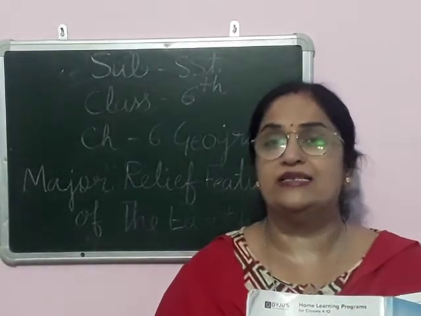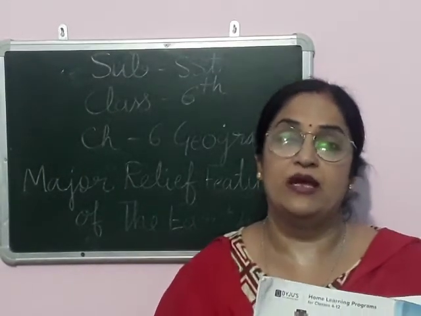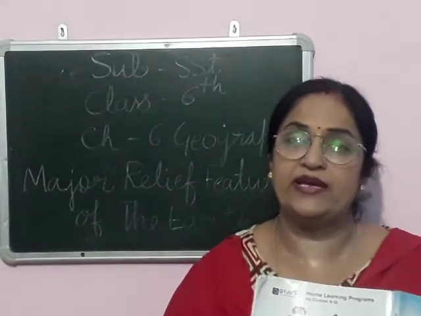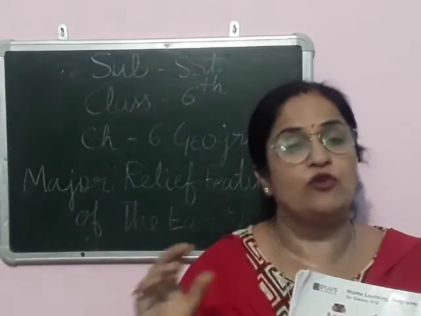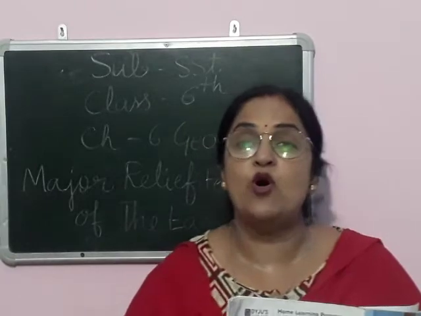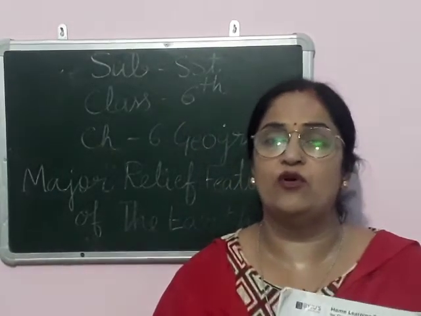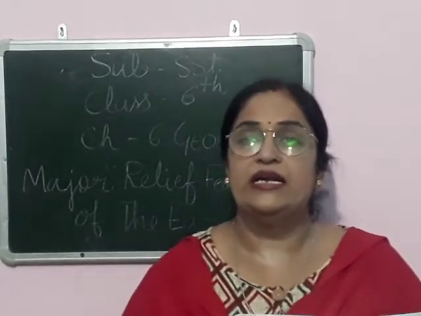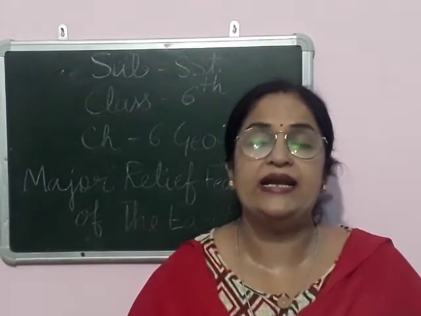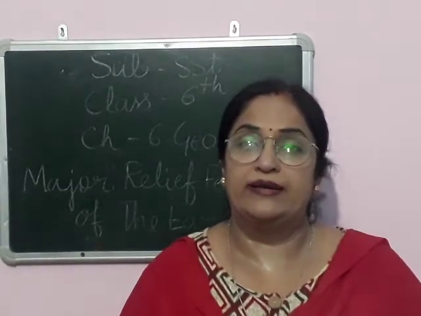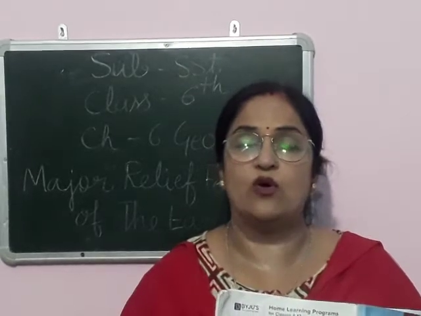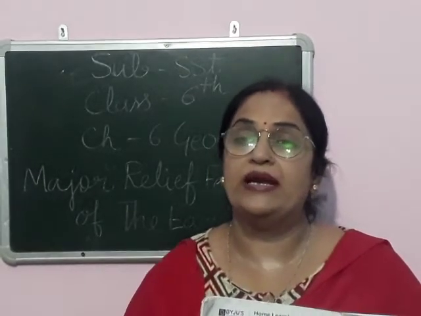Now about plains and their types. Plains. What is a plain? The area where we are living, that is a plain, not a plateau, not a mountain. That is a plain surface. A plain is the most important landform found on the surface of the earth. It can be defined as an area with gentle slope, right, and low local relief. It is also known as lowland.